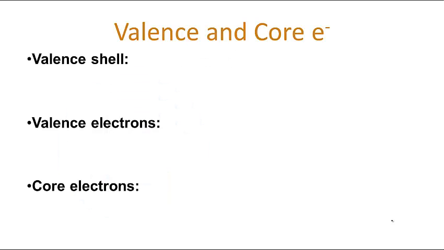So what you need to know about these shells or energy levels: the valence shell is the outermost shell that still has electrons. Remember, we're going to call them not just shells, but energy levels.